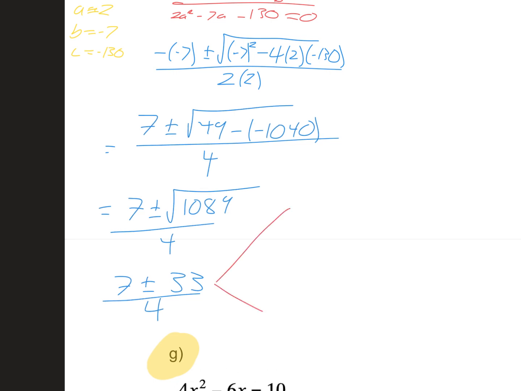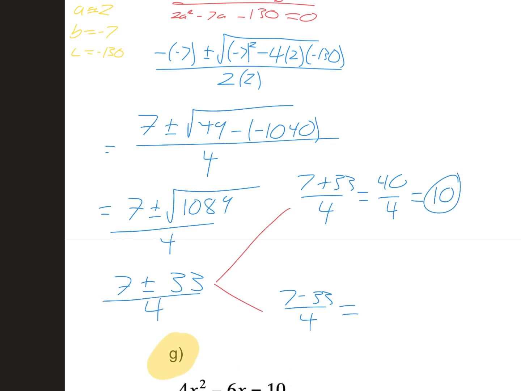So I have 7 plus 33 divided by 4 and 7 minus 33 divided by 4. So this one up here, I would get 40 divided by 4, which is 10. And this one, I end up getting, let's see, negative 26, I believe, divided by 4.